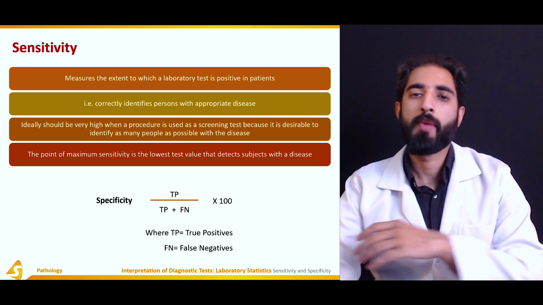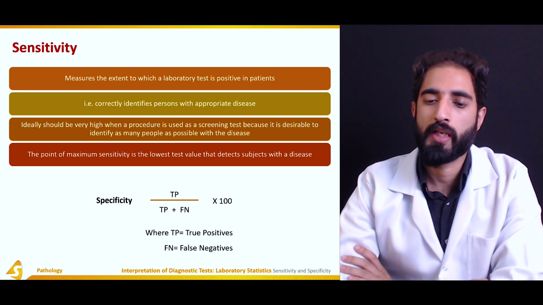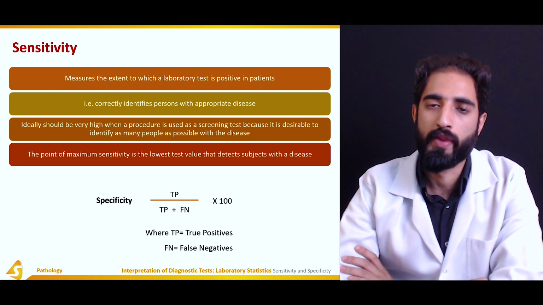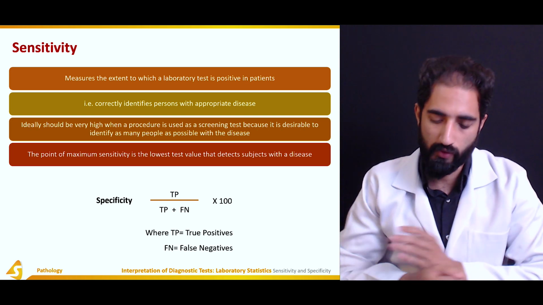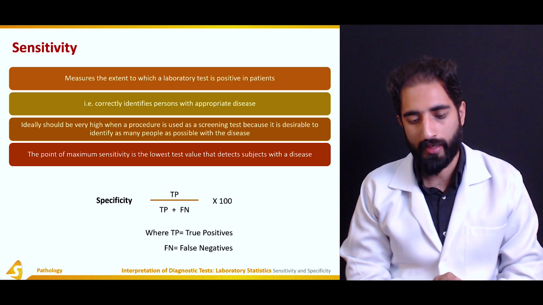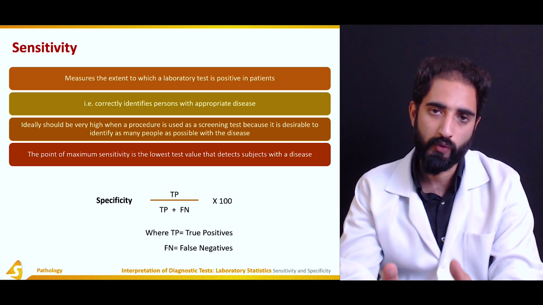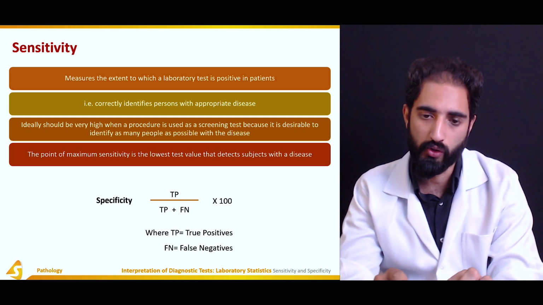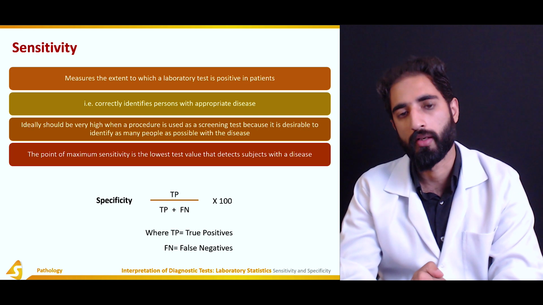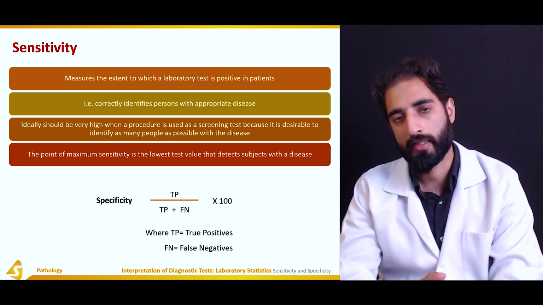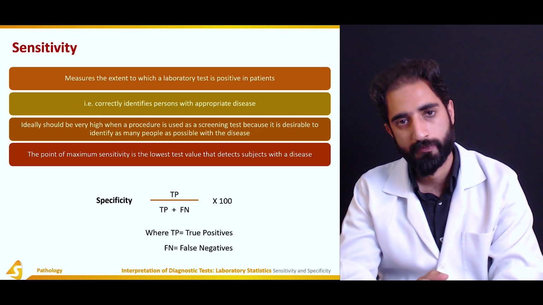The point of maximum sensitivity is the lowest test value that detects subjects with a disease. So for example, if there is a range, and we say that if the range is this to this for someone to be positive, the sensitivity would be maximum at the lower test value for that test or outcome measure.